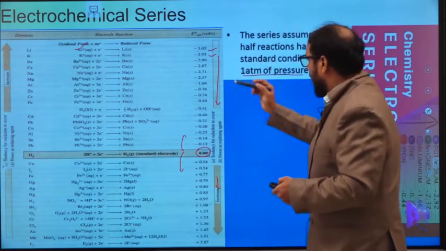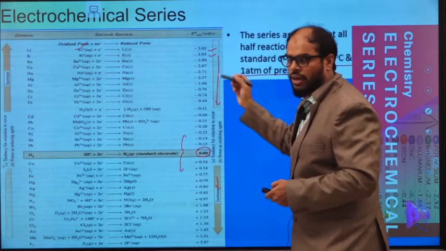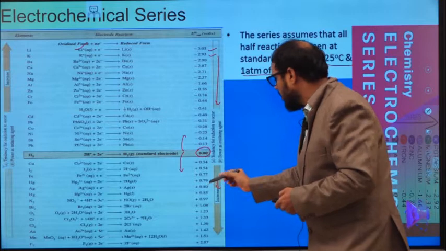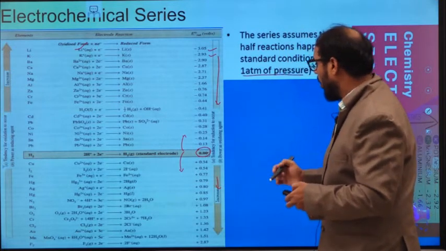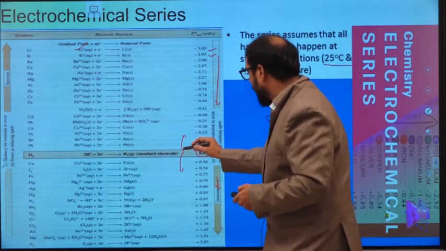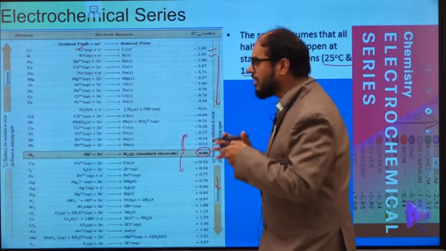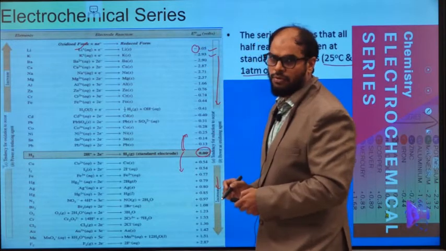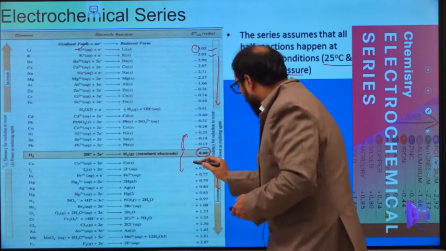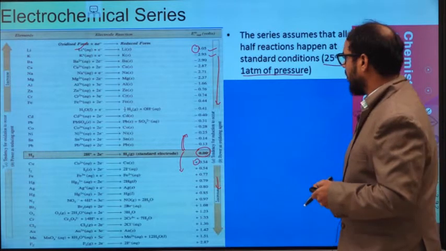So a minus value means less tendency to undergo reduction, and positive values mean more tendency to undergo reduction. So those elements which are placed above hydrogen have less tendency to undergo reduction. Less tendency to undergo reduction means minus value, and plus value means more tendency to undergo reduction.